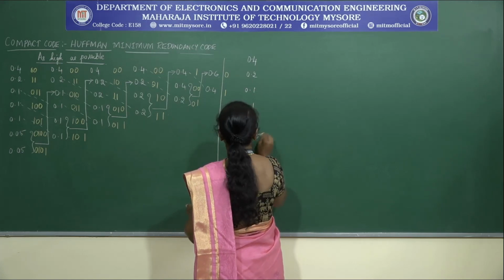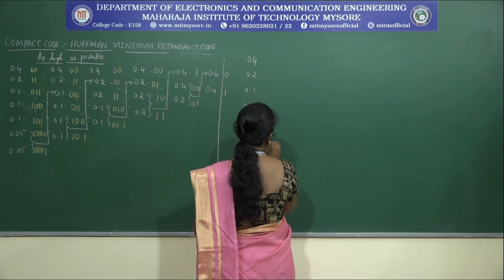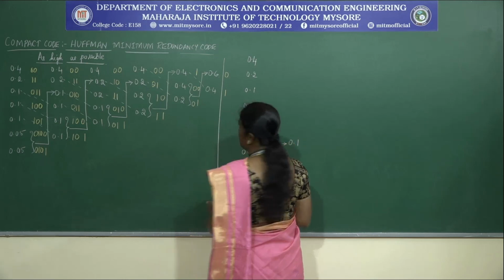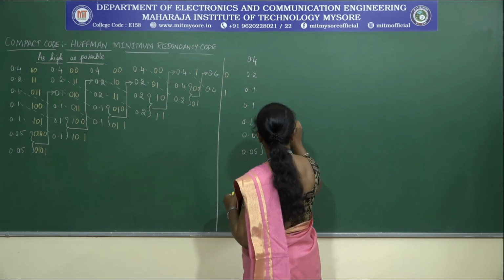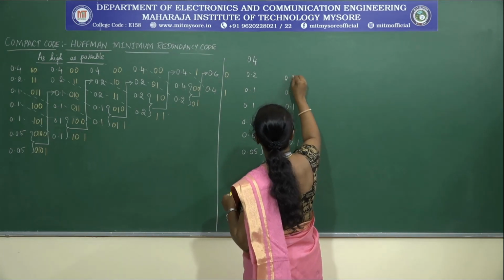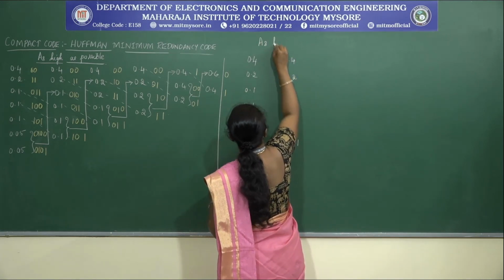0.05 and 0.05. If we combine this, you will be getting 0.1. Since we need to place the symbol as low as possible, even though we have 0.1 here, we need to place it below this only, because we are performing the as low as possible condition.